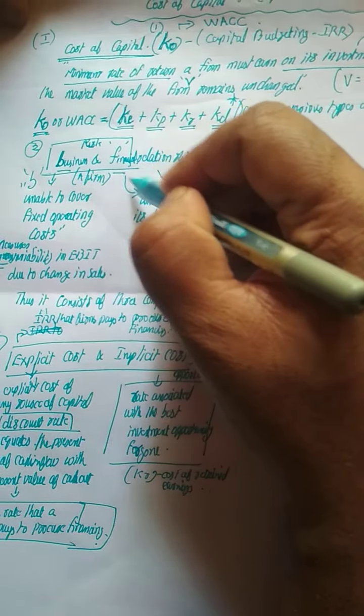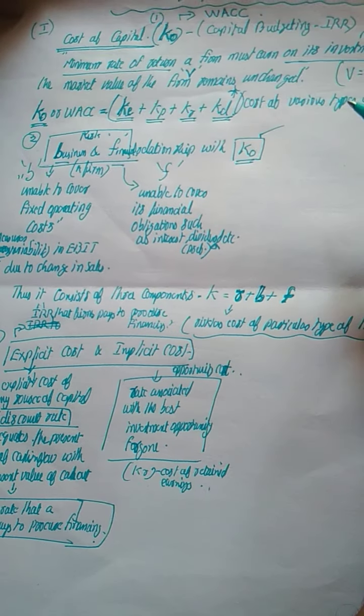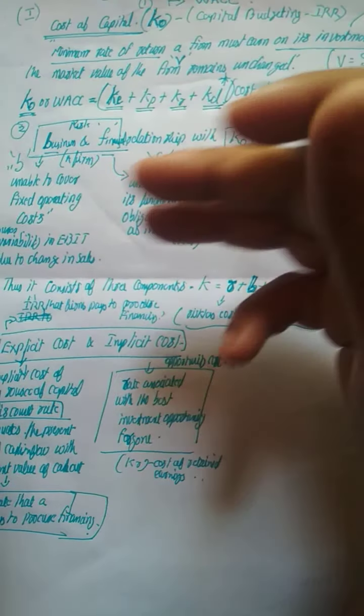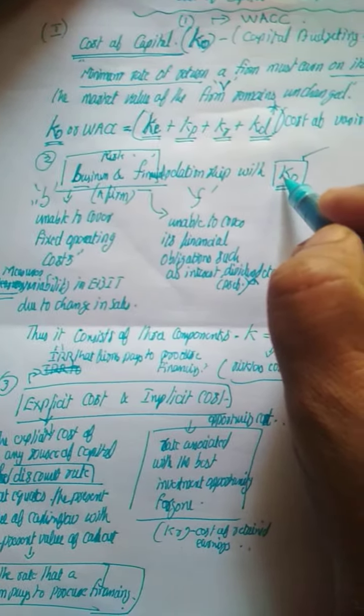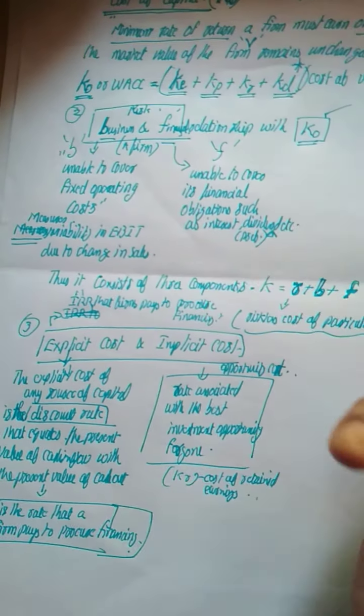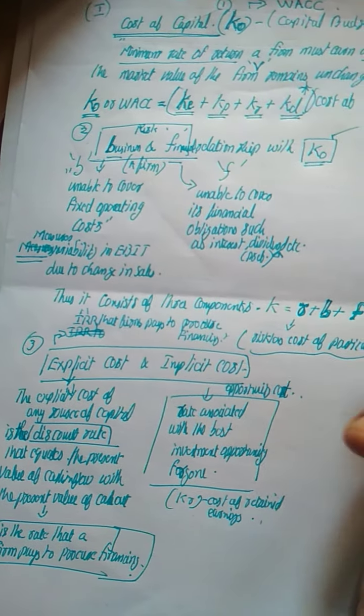Similarly, there is something called financial risk. What is financial risk? If the company is unable to meet its financial obligations like interest, dividend, etc., it is called financial risk. So the KO has a higher relationship with business risk and financial risk, which we want to look into in the cost of capital.